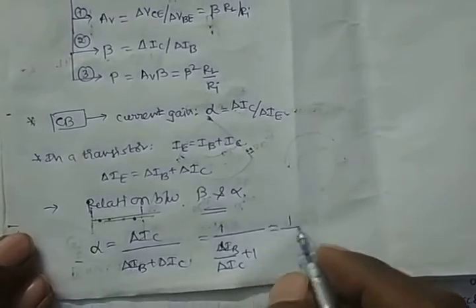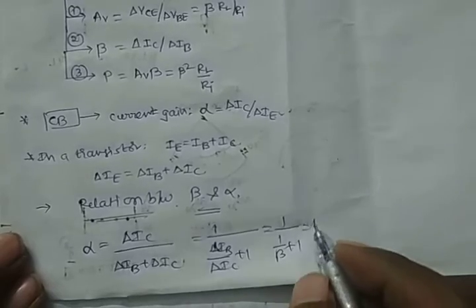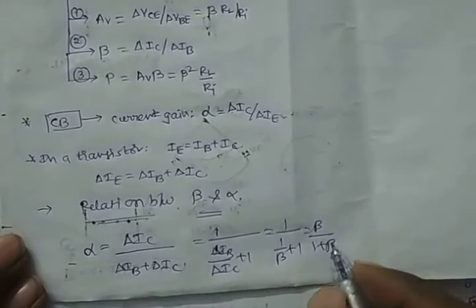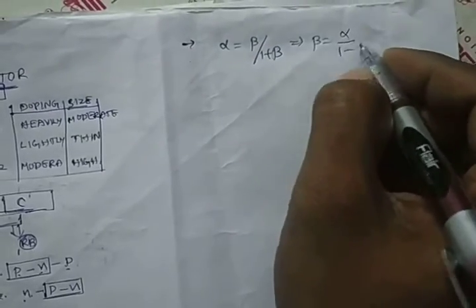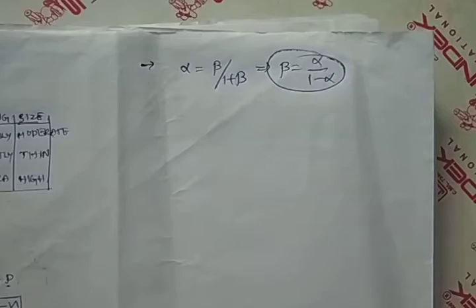Nothing but 1 by 1 by beta plus 1, equal to beta by 1 plus beta. Okay. Similarly, alpha equal to beta by 1 plus beta. So this implies beta equal to alpha by 1 minus alpha.